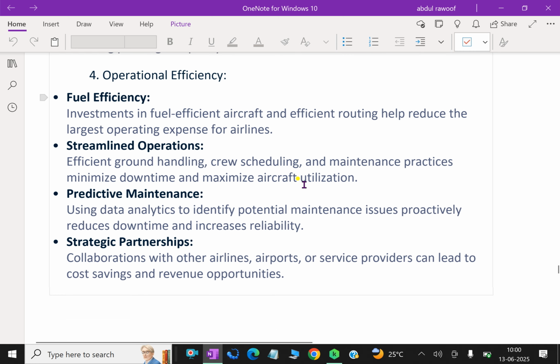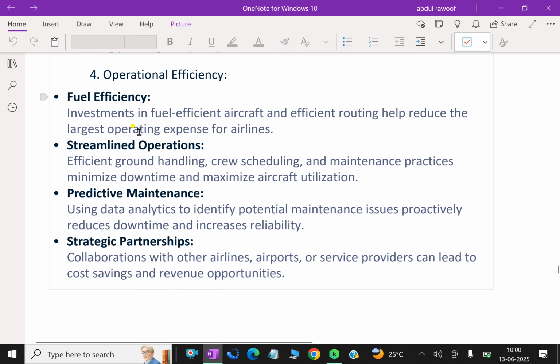Operational efficiency. Fuel efficiency investments, fuel efficient aircraft, and efficient routing help reduce the largest operating expense for airlines. Streamlined operations, efficient ground handling, crew scheduling, and maintenance practices minimize downtime and maximize aircraft utilization.